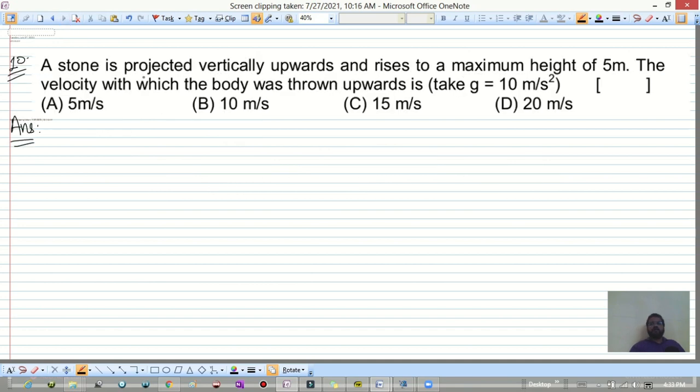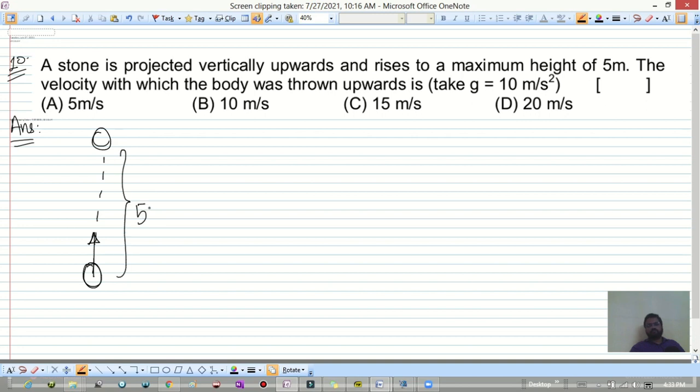Next, a stone is projected vertically upwards and rises to a maximum height of 5 meter. The velocity with which the body was thrown upward is? Okay, one stone is thrown vertically upward and it rises to the height of 5 meters. The velocity with which the body was thrown is, so u is equal to what?